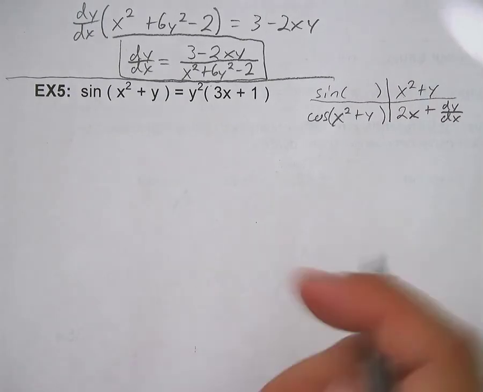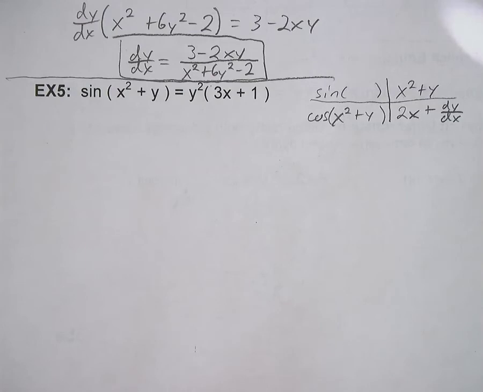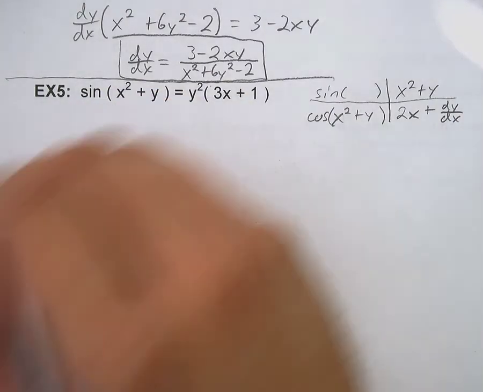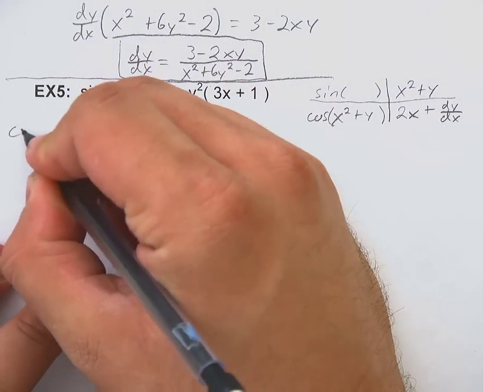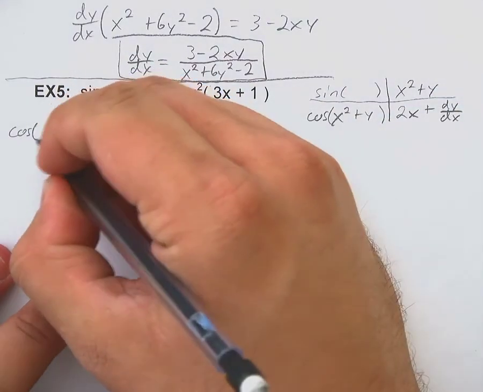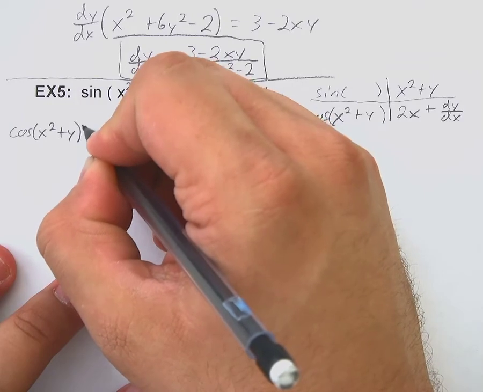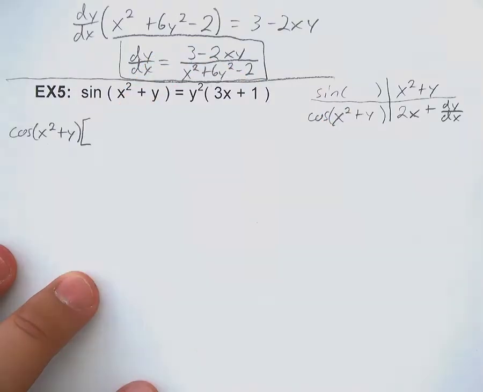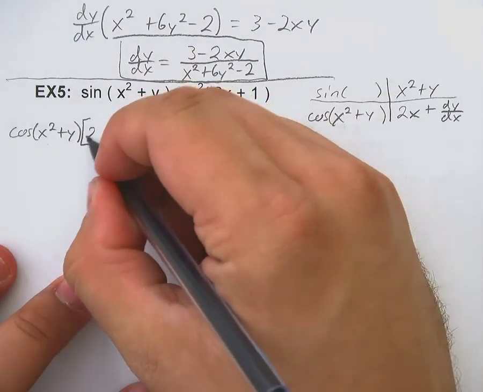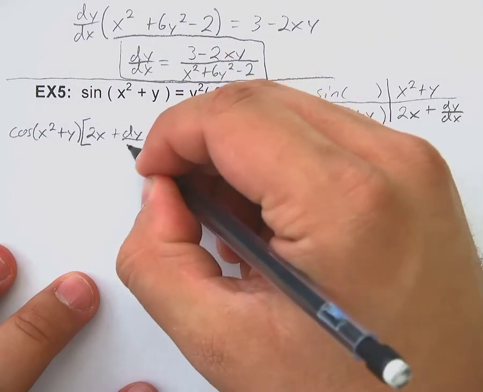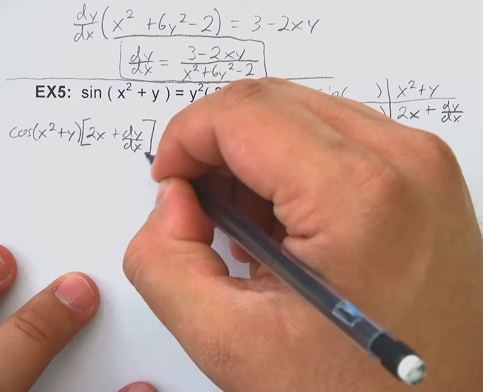You know that I have to multiply these two things together, right? So the derivative of the left-hand side is going to be cosine of x squared plus y times 2x plus dy dx.